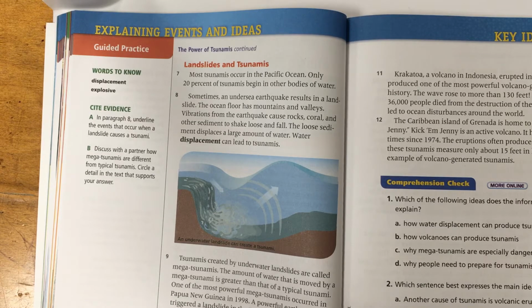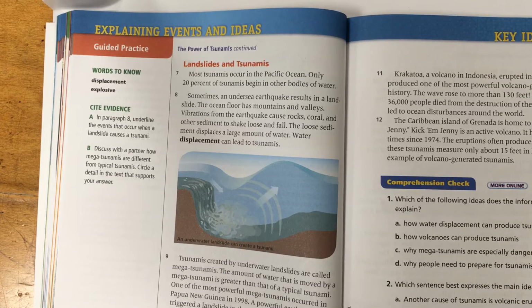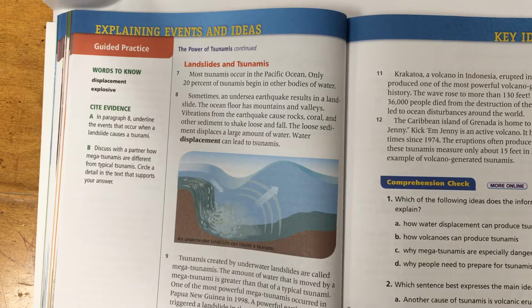We talked about the events that occur when an earthquake creates a tsunami. So if you think back, there's the plate collision, then there's the underwater disturbance, and then the tsunami is generated. Today we're going to continue reading about tsunamis and their causes.